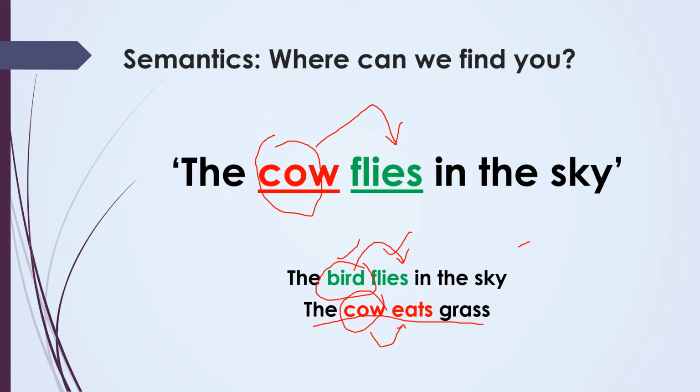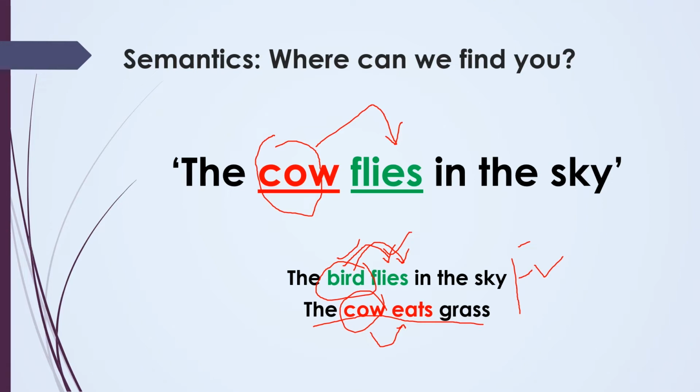So if this particular noun is affiliated with this particular verb, then we understand that this is a very good sentence, we know everything is fine in this sentence, not only syntactically but in other senses as well.